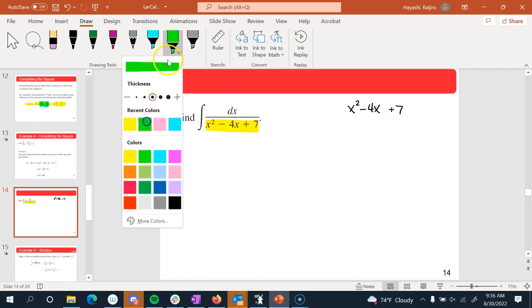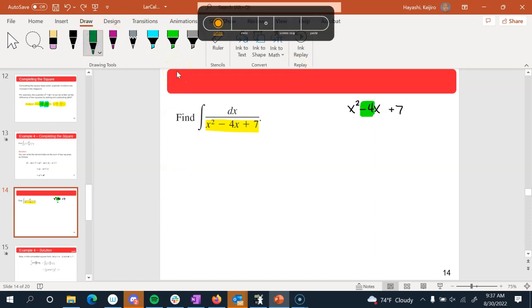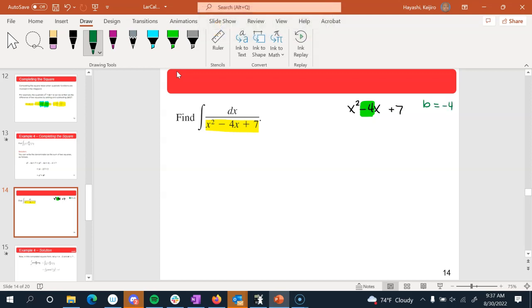Our b looks like it is negative 4. Make sure to be including whatever sign is there. If it's a subtraction, make sure that b is negative. If it's addition, make sure that b is positive. But b will be negative 4.